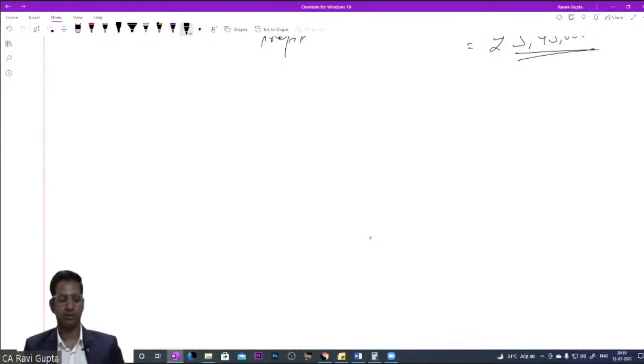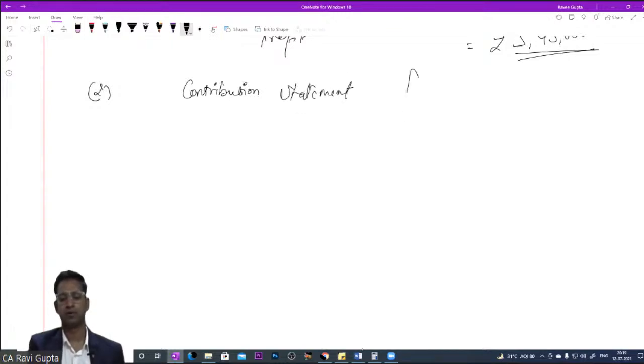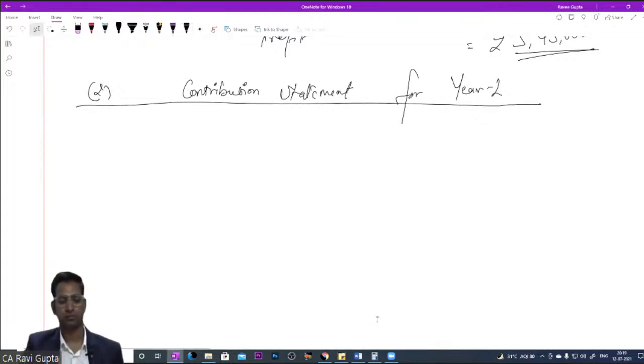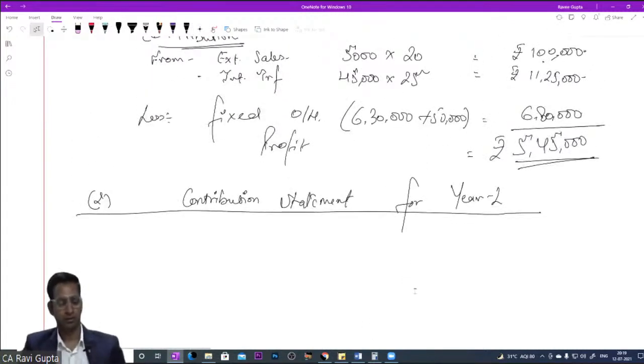For the second part, it's saying contribution statement for year 2. Yes, Bhargavi, the answer is 5,45,000.